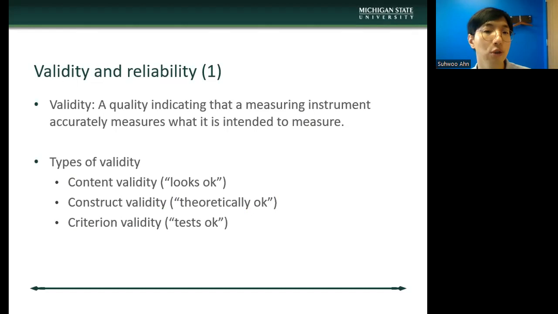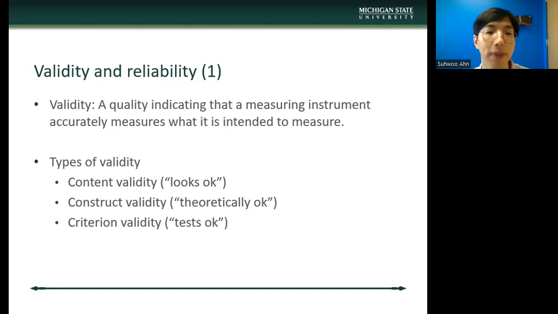And we talked about three types of validity: content validity, construct validity, and criterion validity. First, content validity refers to how much a measure covers the range of meanings included within the concept.